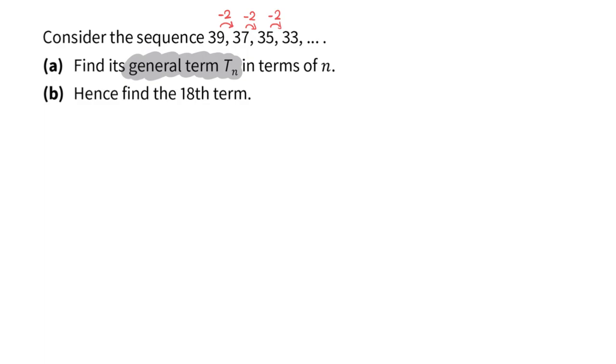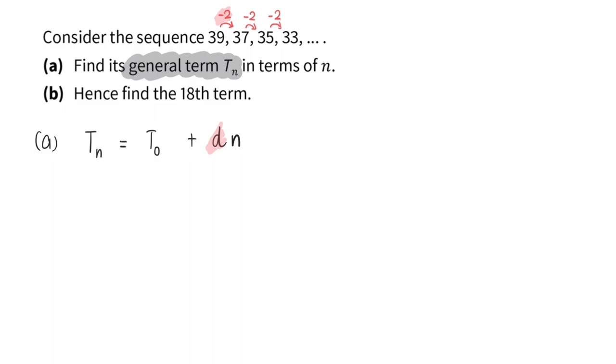And so for part A, right, this question, I will be able to make use of this formula. Tn is equals to T0, which is the term before T1, plus Dn, where D is the number that we always add or subtract by. So in this case here, it will be minus 2.